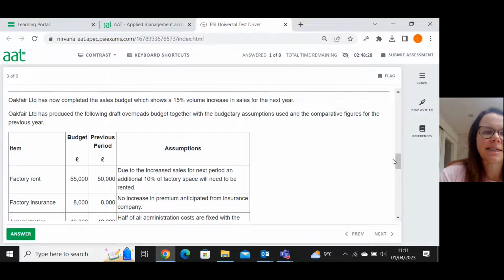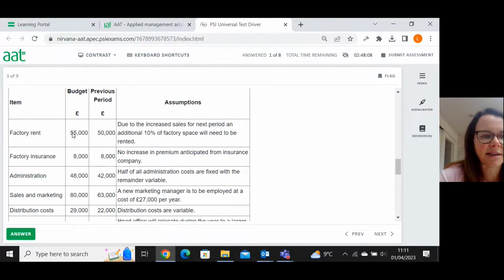Then Oakfair Limited has now completed the sales budget, which shows a 15% volume increase in sales for the next year. Oakfair has produced the following draft overheads budget. So you can see here, here's all our overheads.